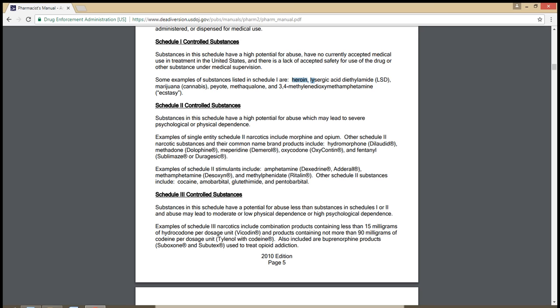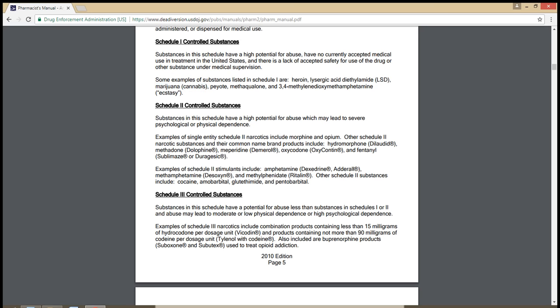So marijuana is still a Schedule 1 medication. We don't know, maybe later it's going to change to Schedule 2, but for now you want to know that marijuana is Schedule 1. Peyote and ecstasy, these are all Schedule 1 medications. They don't have any medical use.